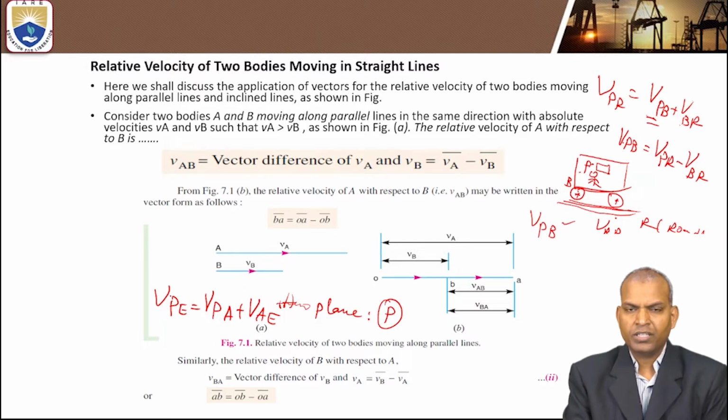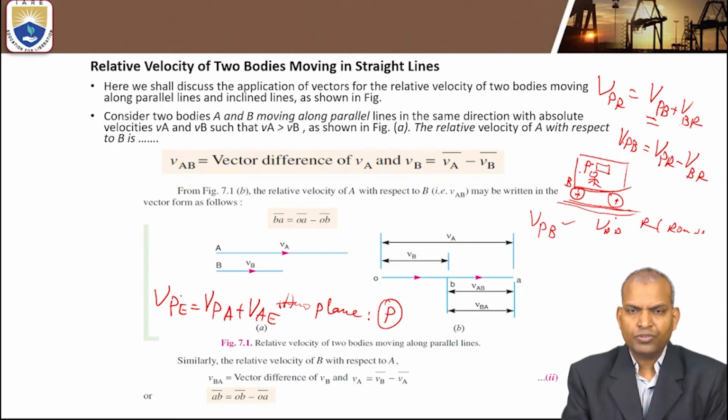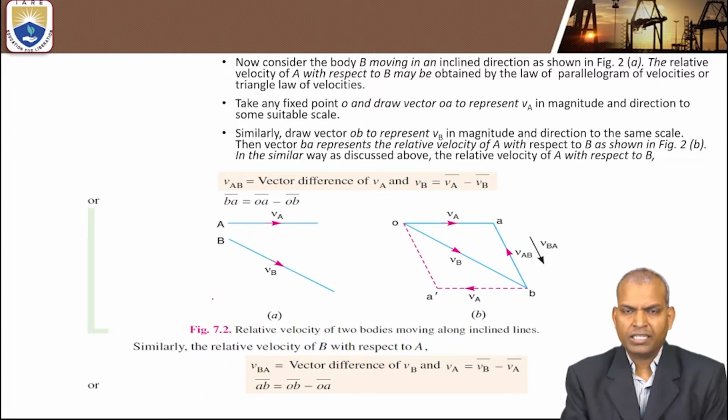And the third case is when the person is moving inside the aeroplane. So we have to write the velocity equations in order to write down vector forms, and then we go for vector diagrams.